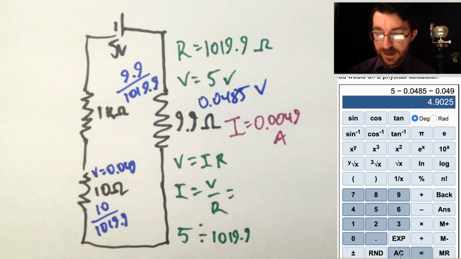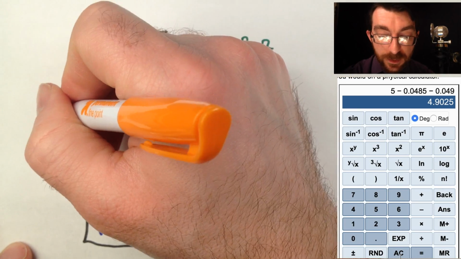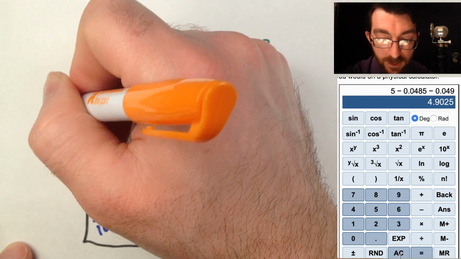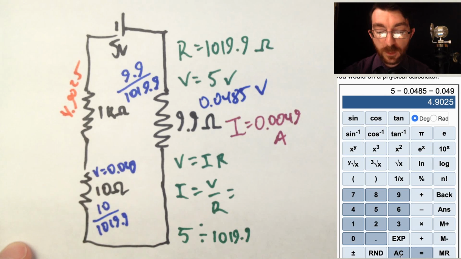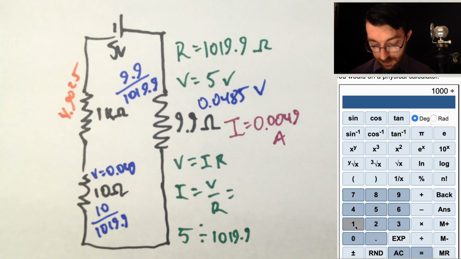So let me go ahead and confirm that 4.9025. Let me write that down in orange. There's going to be 4.9025 volts over that resistor. Let's see, 1000 out of 1019, so 0.981.